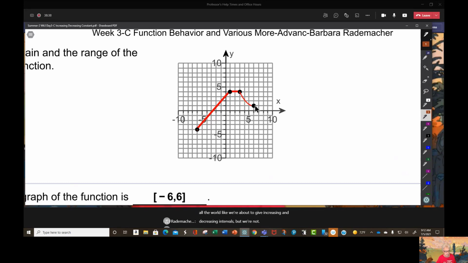See, they're tricking us. They want the domain and the range. Well, I'm going to let blue be the domain.